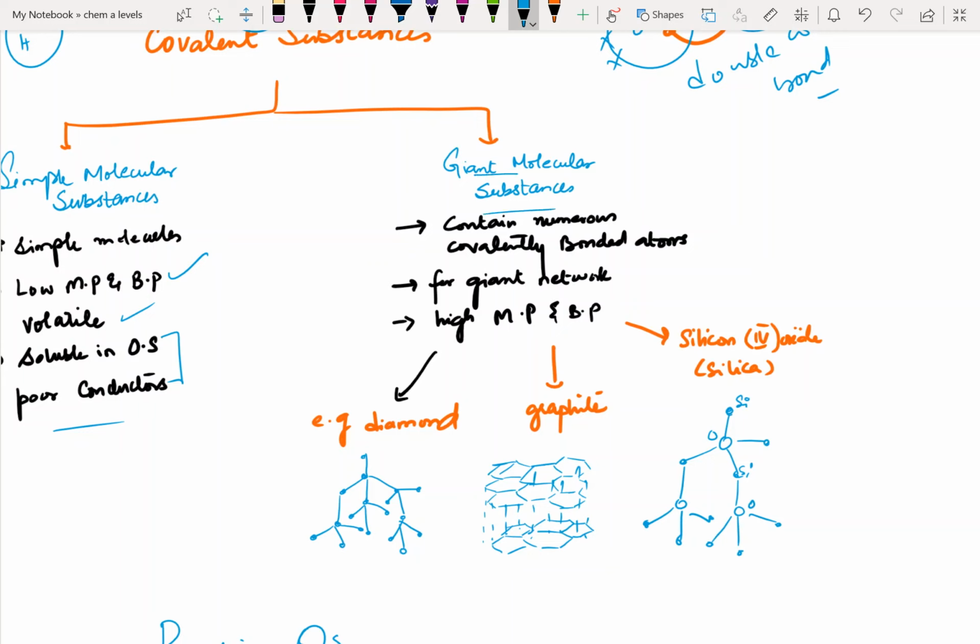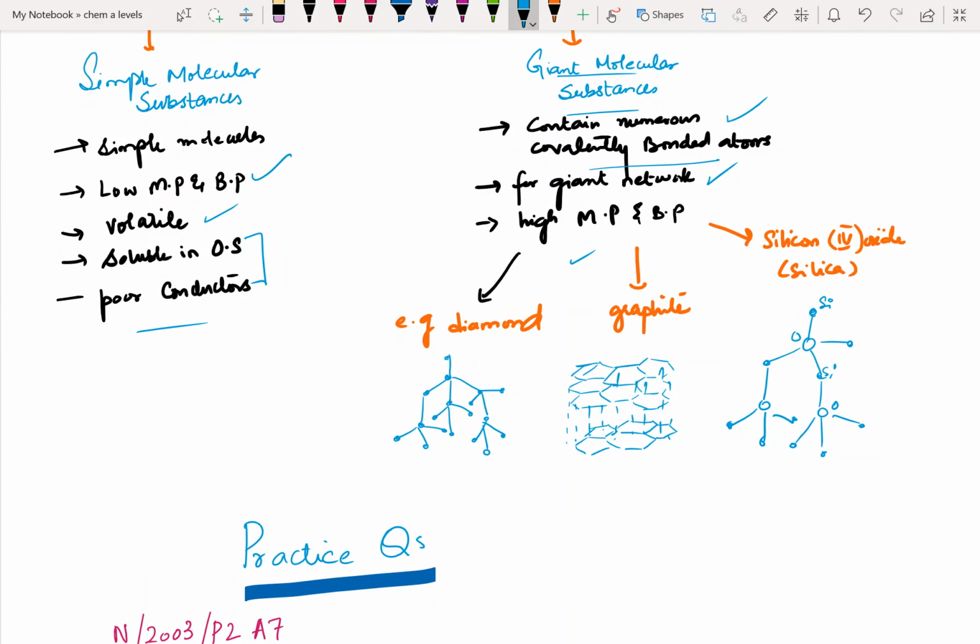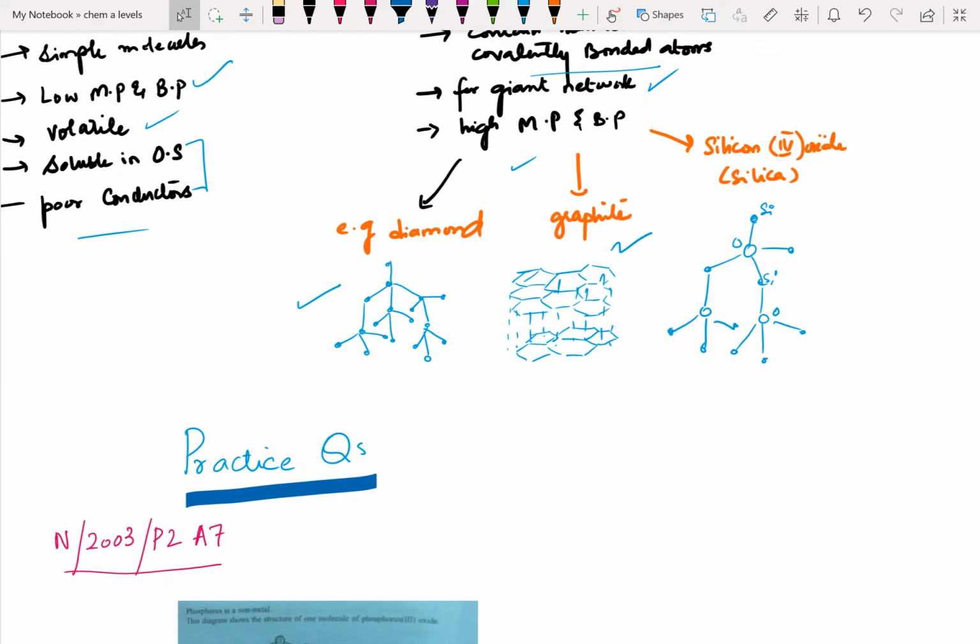Whereas giant molecular structures have numerous covalently bonded atoms forming a giant network with high melting points. The examples are the structure of diamond, graphite with its sliding structure, and then silicon oxide.